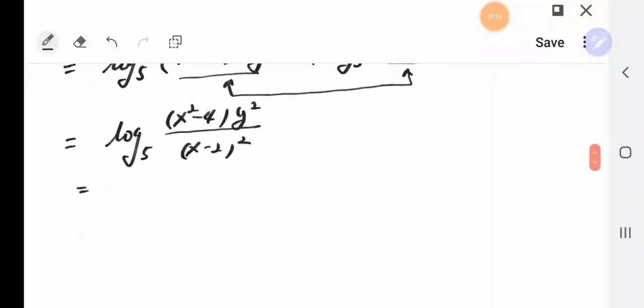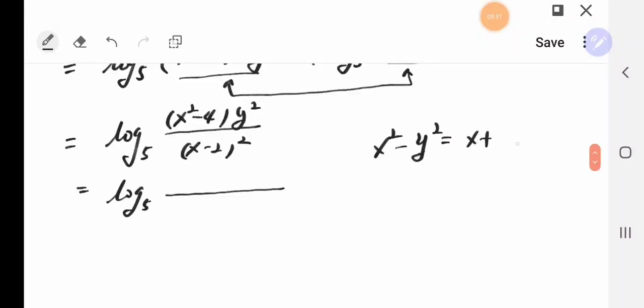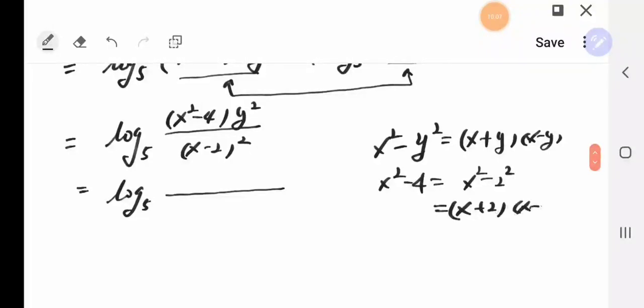Okay, and then we can simplify this fraction. So let's factor this x squared minus 4. This is a difference of squares. To remember it, x squared minus y squared is equal to x plus y times x minus y. So x squared minus 4 is x squared minus 2 squared, which is a difference of squares, so we can make it x plus 2 and x minus 2.